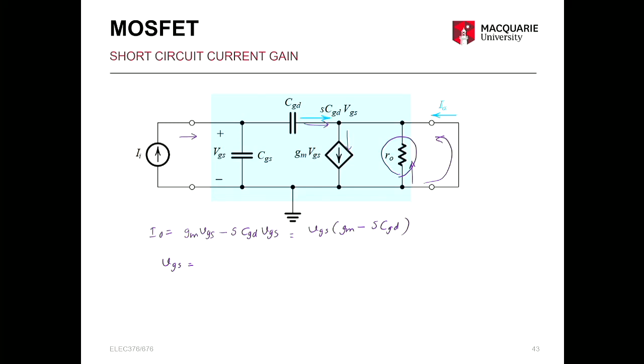So VGS is the input current times the impedance of CGS plus CGD, because they are now in parallel, because there is the short circuit here. So they are like two parallel capacitors. So that is I times 1 by s(CGD plus CGS).